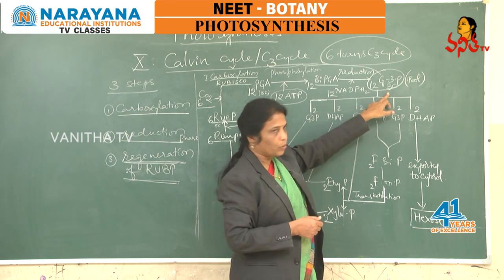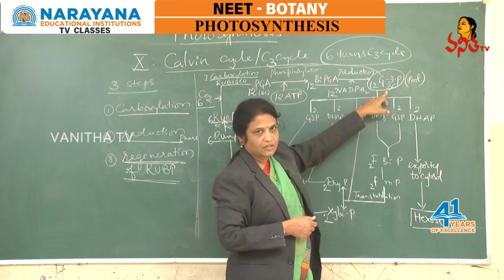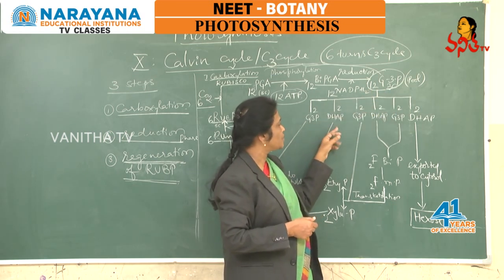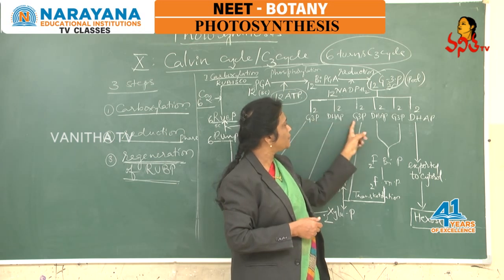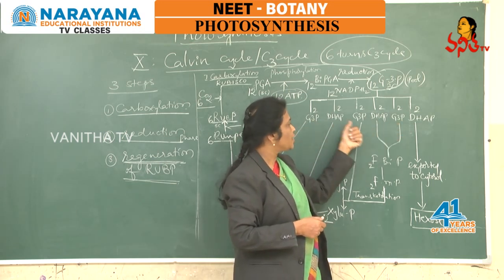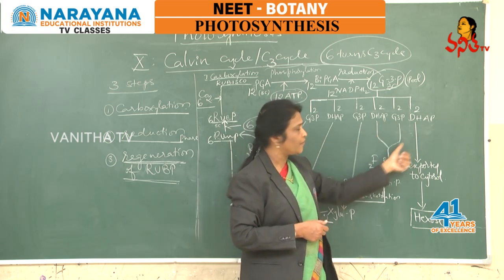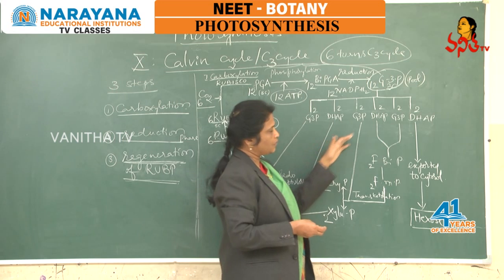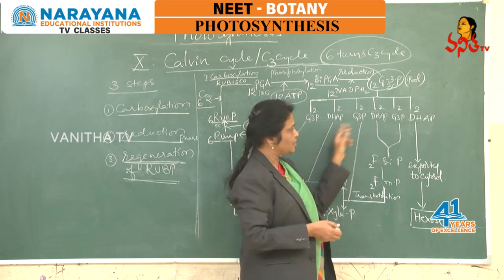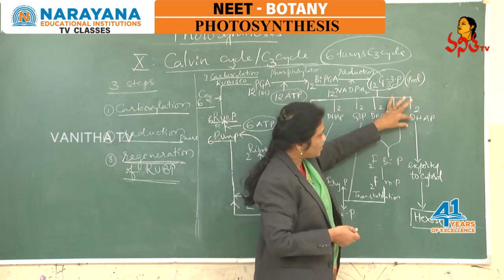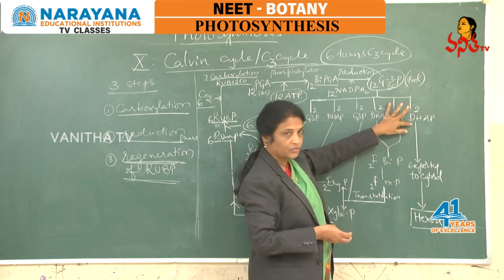So now in the pool there are a total of 12 trioses. Among the 12 trioses, 6 remain in the form of G3P, but 6 are isomerized into DHAP, that is dihydroxyacetone phosphate.